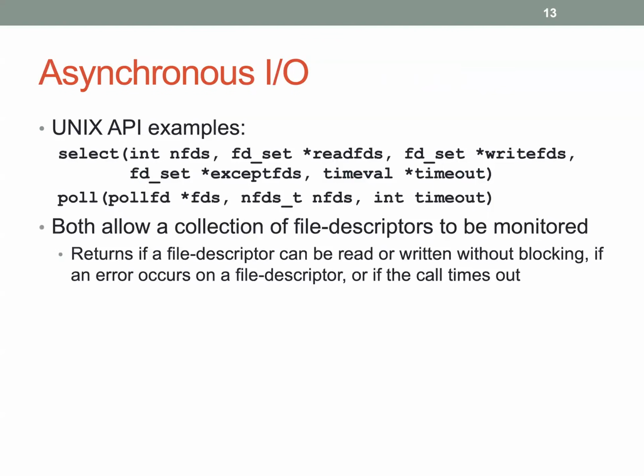And so what these calls do is the user application is saying to the OS, I want you to tell me when anything interesting happens on any of these file descriptors. And when the OS returns, you know that there is at least one thing you can do. Maybe data showed up, maybe data got sent and the send buffer is now empty. Maybe a socket got closed, maybe a file got closed, something like that.